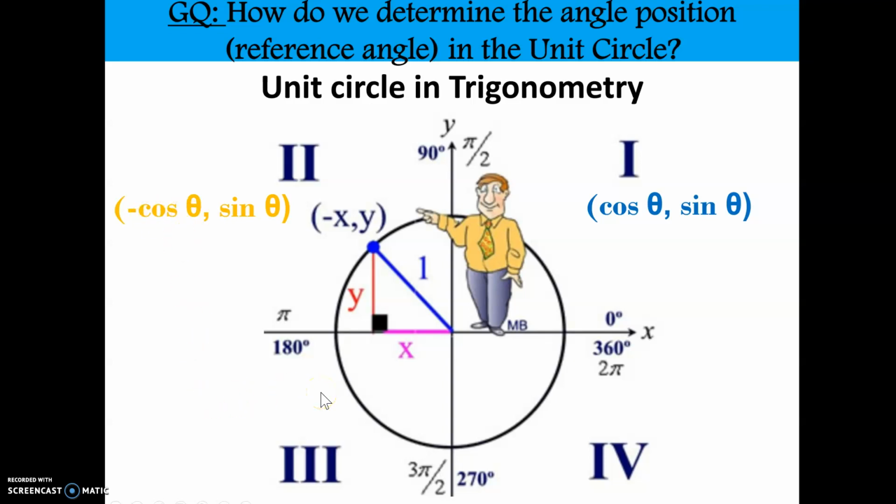In the third quadrant, both x and y are negative, so cosine and sine are both going to be negative values. And in the fourth quadrant, only the x value is positive, so the cosine is going to be positive and the sine is going to be negative. I will copy this note down because this is very important.